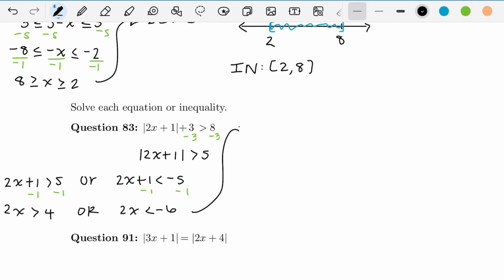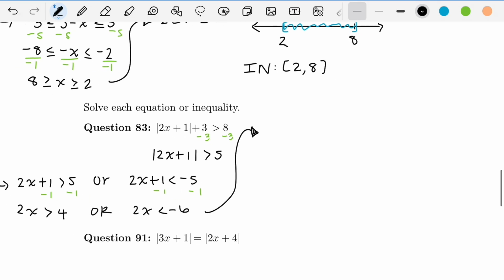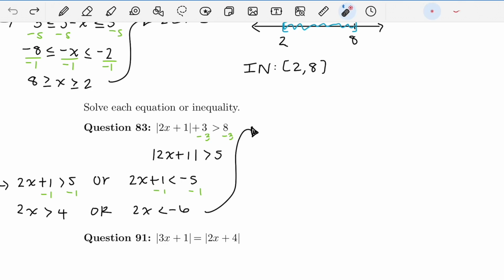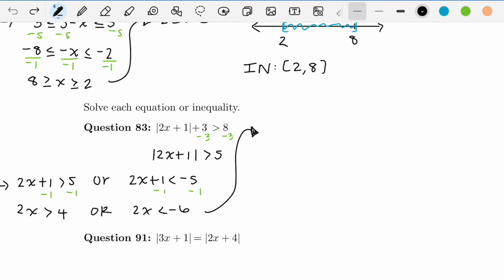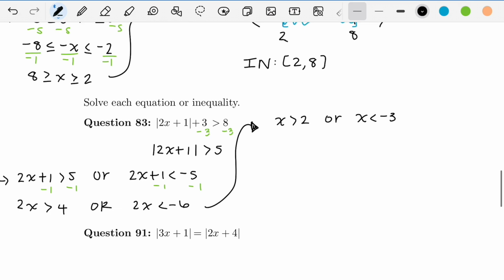I'm running out of room, so let's put this up here. Now all we want to do is divide by 2 for both of these inequalities to get x alone. So we'll end up with x is going to be greater than 2, or x is going to be less than negative 3. Now we'll plot this guy on our number line here.